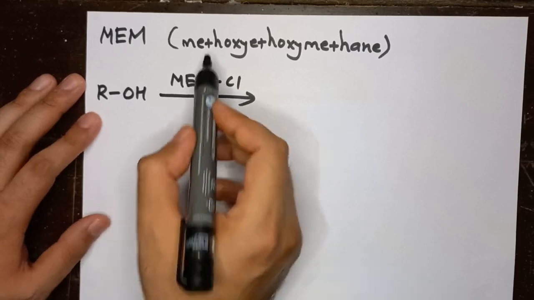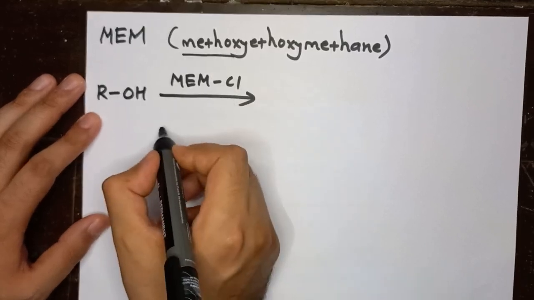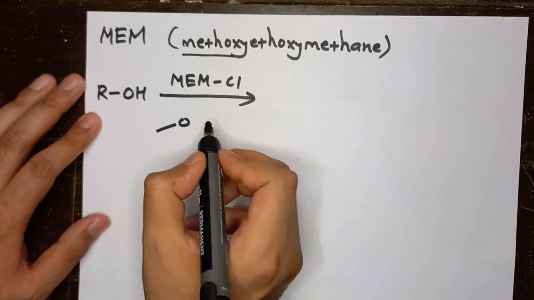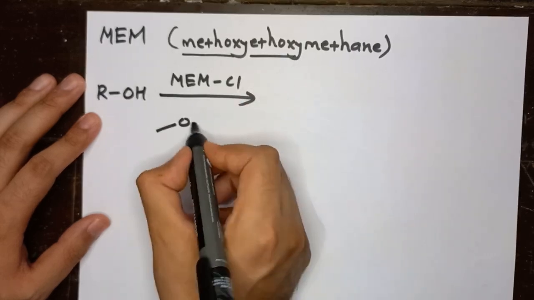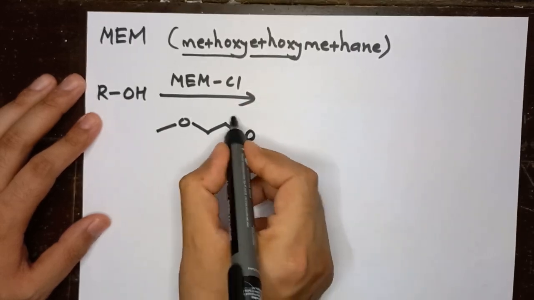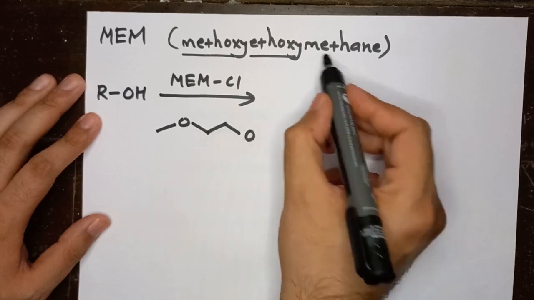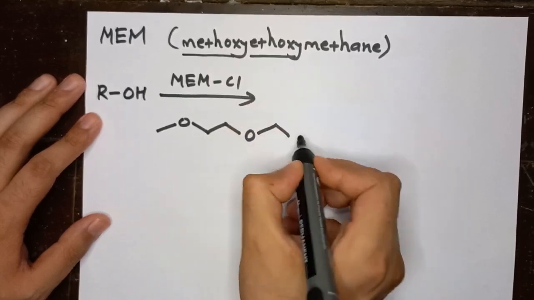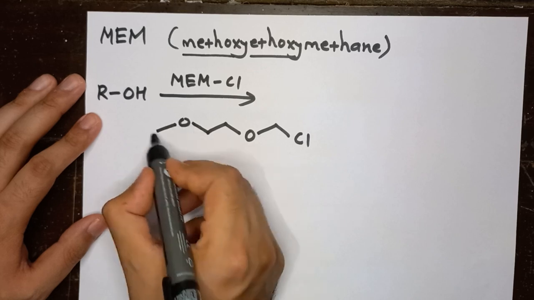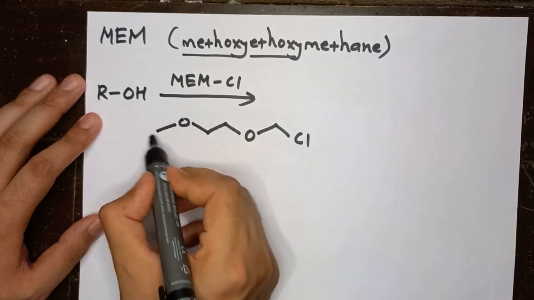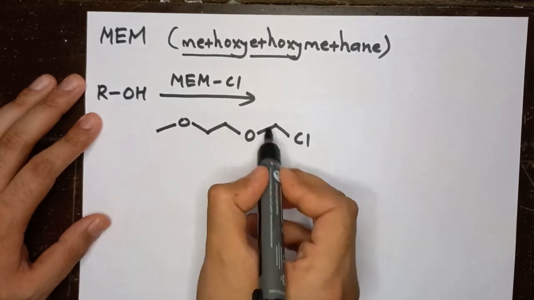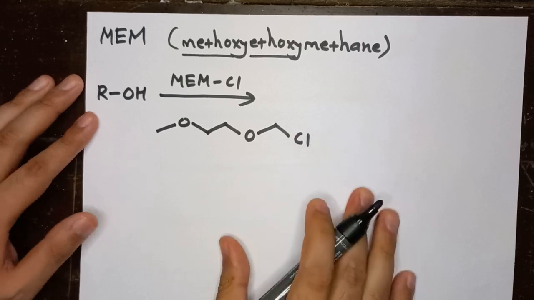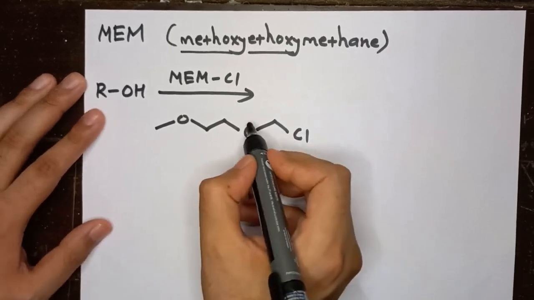Okay, so we have methoxy, so I am writing methoxy. We have ethoxy, so this is my ethoxy, and we have methyl chloride. So methoxy, ethoxy, methyl chloride. Okay, so the mechanism is same.